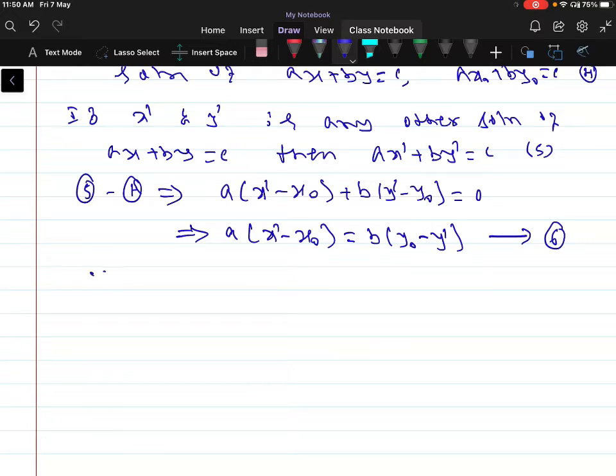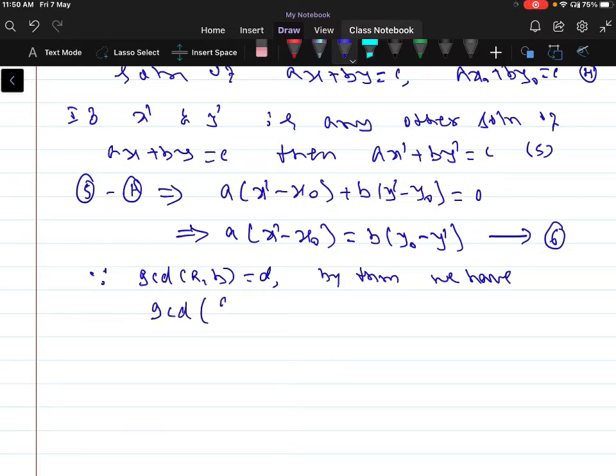Since GCD of a comma b is equal to d, then by the known theorem we have GCD of a by d comma b by d is equal to 1.